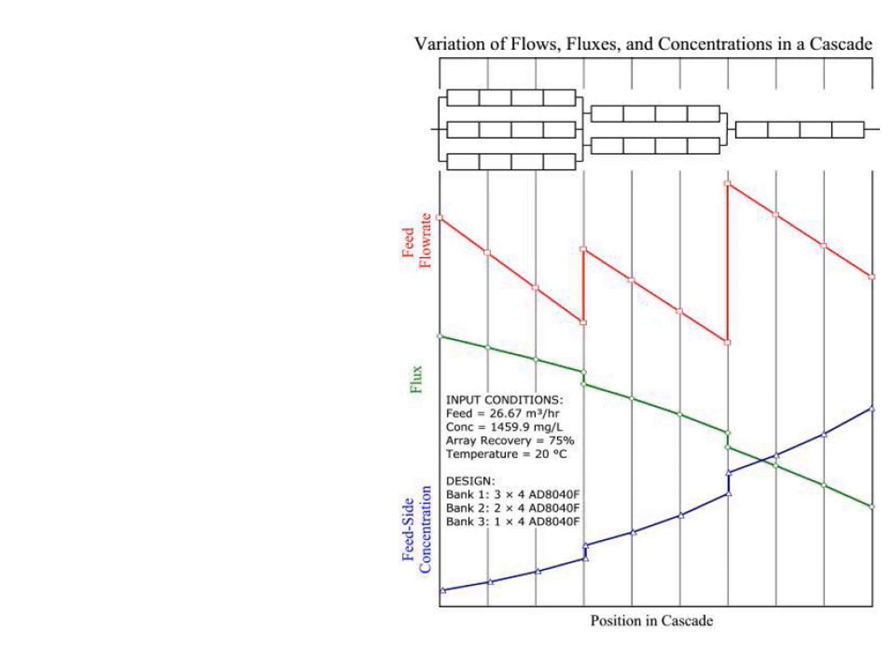So when you look at the different variation of flow, fluxes, and concentration in one cascade, we just say train. If you look at the different behavior of feed flow rate, flux, and feed side concentration: the feed flow rate decreased at the first stage and increases a little bit at the second stage because they have a smaller number of elements and pressure vessels.